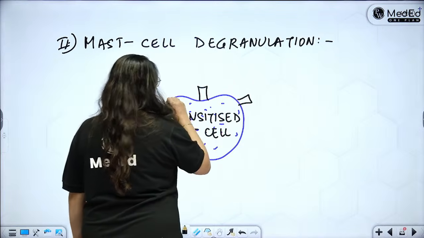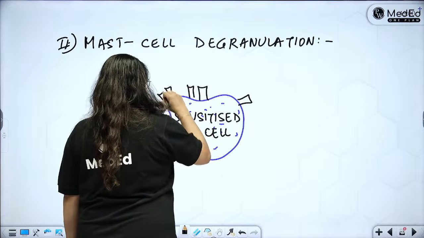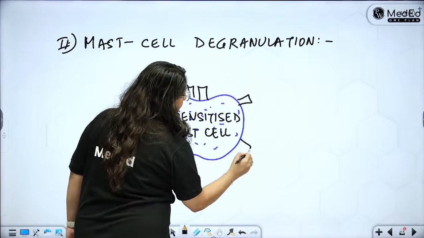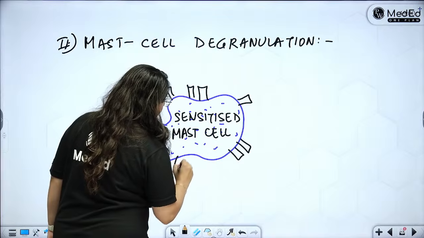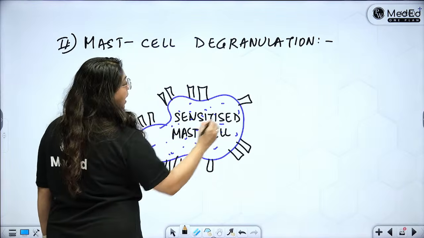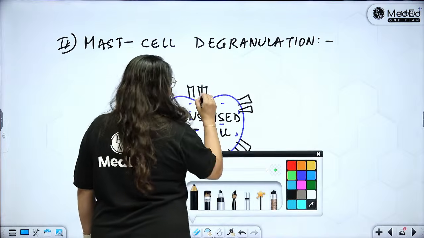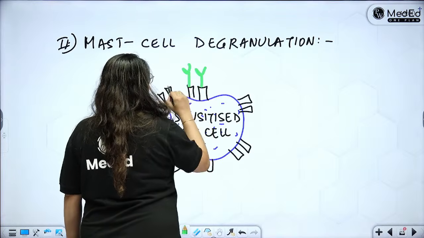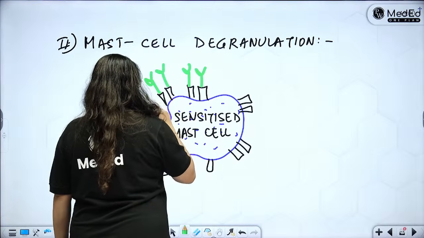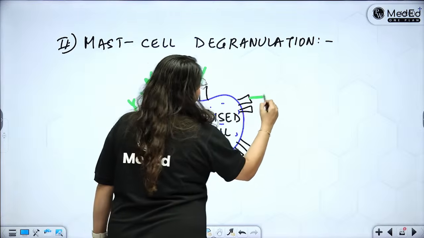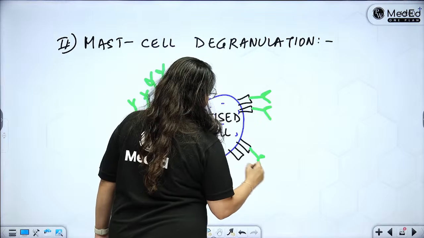That all the receptors on the mast cell have these IgE antibodies bound to its surface. That is a sensitized mast cell. Now what will happen?